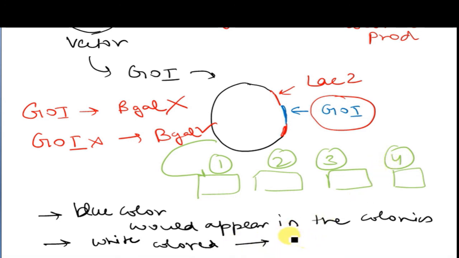Therefore the colonies would appear white, whereas in contrast, if the gene of interest is not present here, and the vector has not been properly integrated, and no transformation has taken place, then the LAC-Z gene would be intact, and due to the presence of LAC-Z gene, beta galactosidase would be produced, and finally the X-gal would be converted into blue colored product, and therefore blue colored colonies would appear.